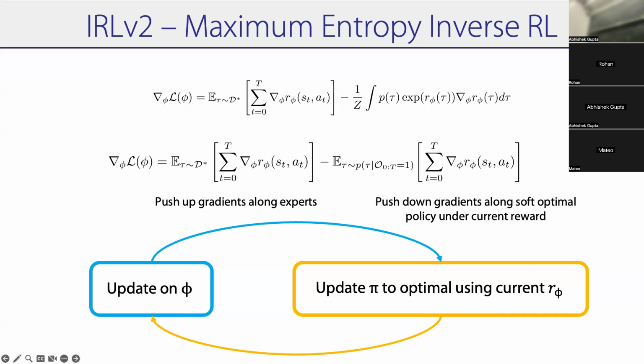You solve this objective with gradient ascent. You alternate between updating the reward parameters and solving RL for that. You have to do RL to estimate the gradient. But the nice part is that we saw the log likelihood was hard to estimate, while the gradient is easy to estimate, and the gradient just alternates between RL and updating the rewards. So that's just max ent RL.